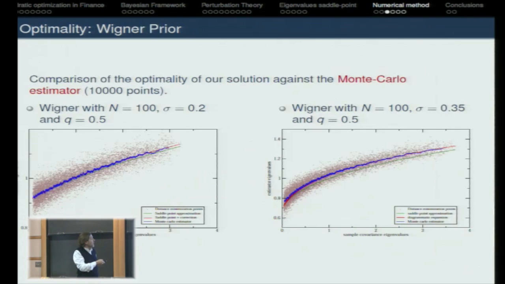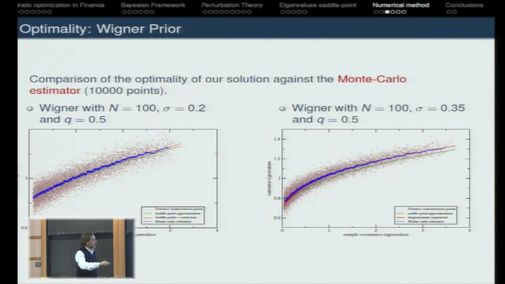Okay. And then we can compare the different techniques, the analytical solution that we have with the numerics. Works well. But one point I want to say is that these priors give shrinkage techniques that are concave. So you shrink more high eigenvalues than low eigenvalues.